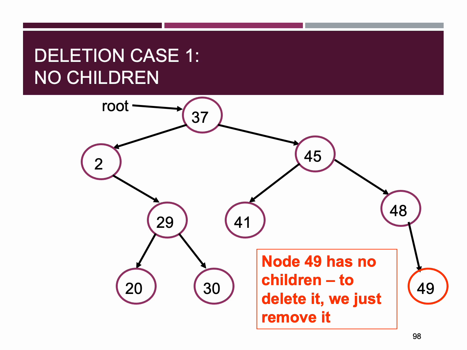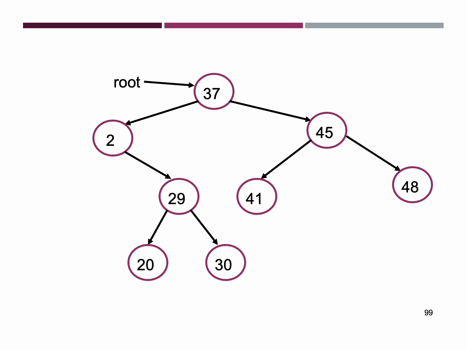Deletion case 1, no children. If there are no children, how can we delete? Node 49 has no children. To delete it, we just remove it and it's gone.